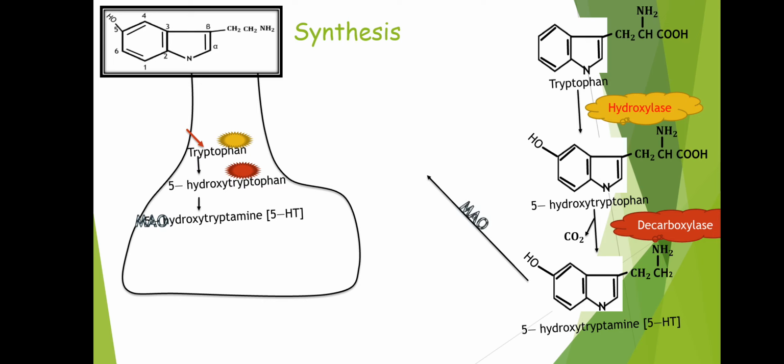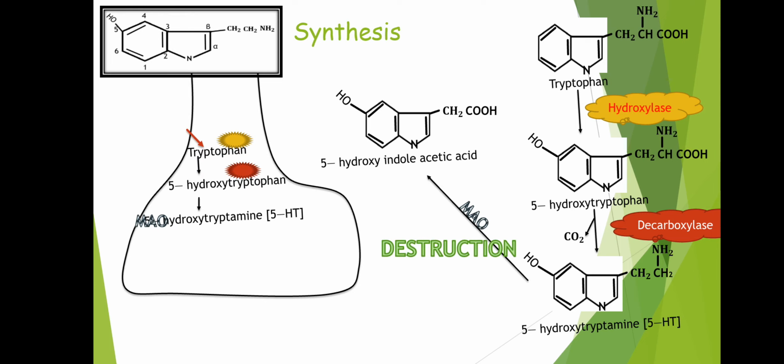So this monoamine oxidase, the name only says monoamine oxidase, it will cause oxidation of the monoamine, and it removes the amino group, it destroys the amino group, and because of which this 5-hydroxytryptamine will be converted into a compound 5-hydroxyindole acetic acid. But we do not want 5-hydroxyindole acetic acid, we want 5-hydroxytryptamine.